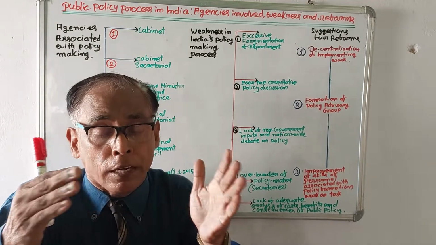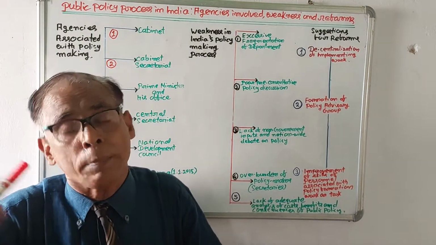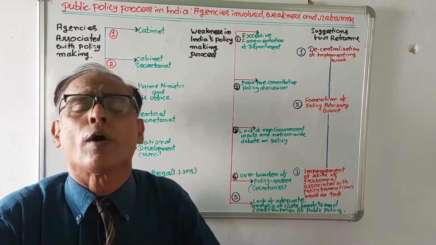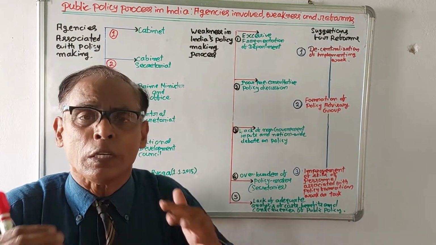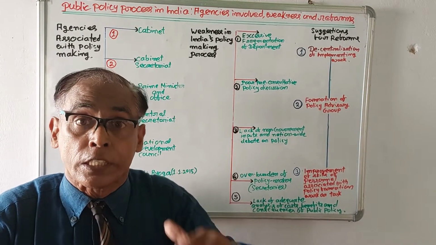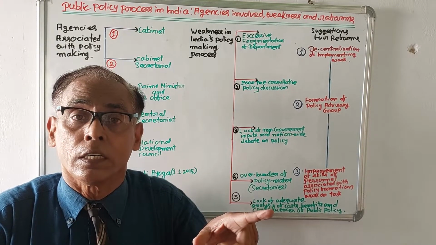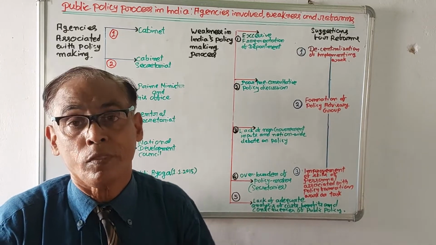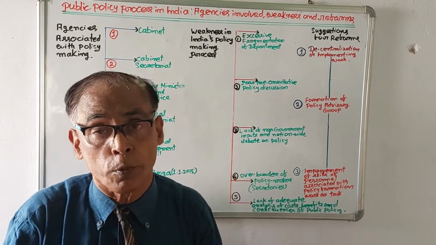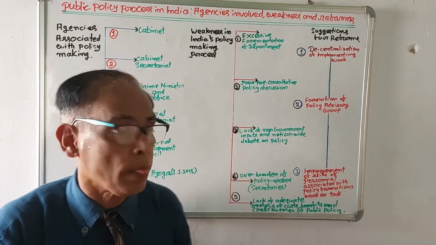They will have to prepare questions to be answered in the parliament relating to the department. So secretaries are overburdened with work, and they are unable to give time for the discussion of public policy. It is another weakness of formulation of public policy in India.